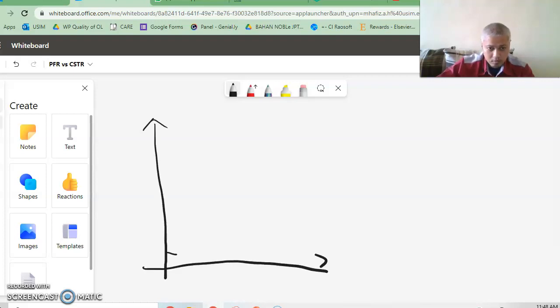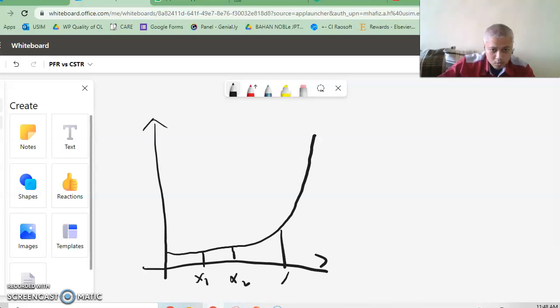We have this curve, and for instance we have x1, x2, x3. For one CSTR, we will have this as the total volume.